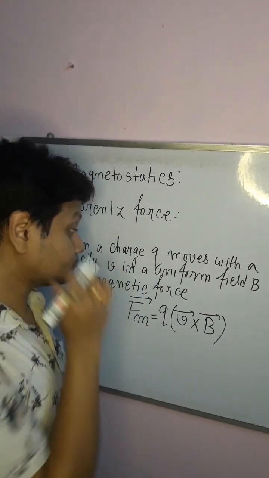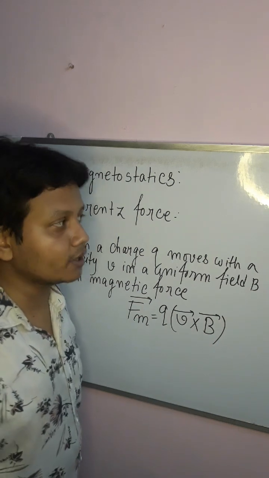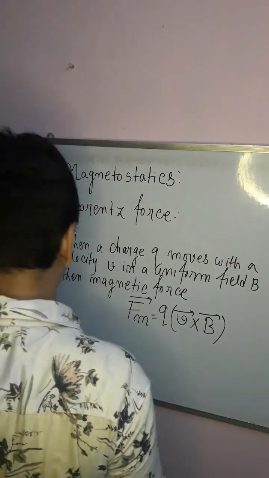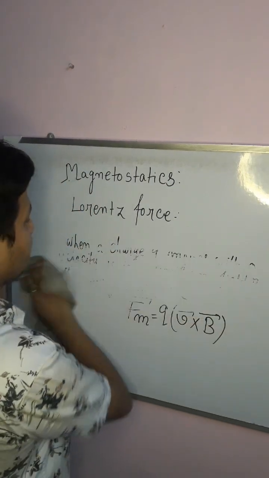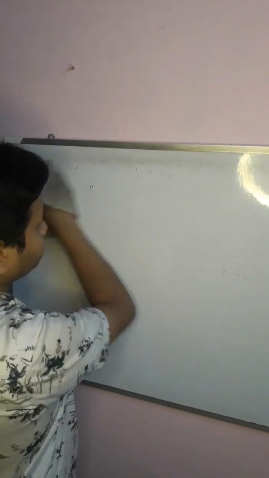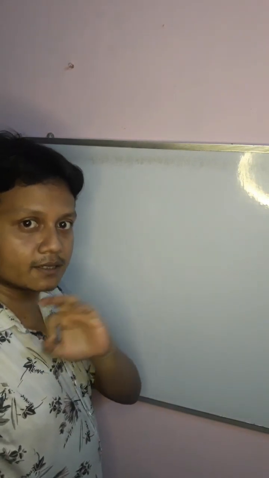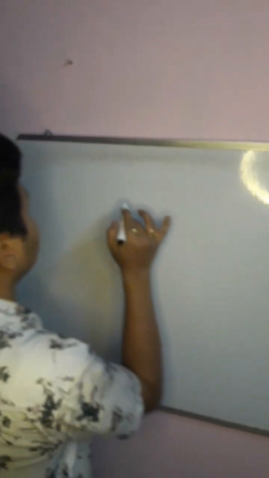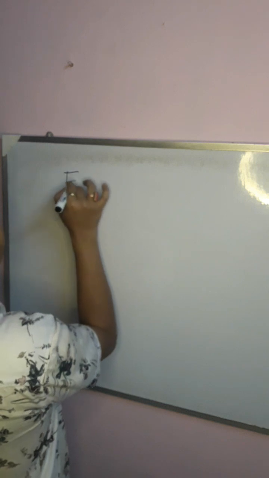Now in addition, there is a magnetic field, so obviously there will be an electric field. So we have to find out the expression of electric force also. Now electric field intensity is what? The force experienced by a unit positive charge at a point is called the electric field intensity at that point.